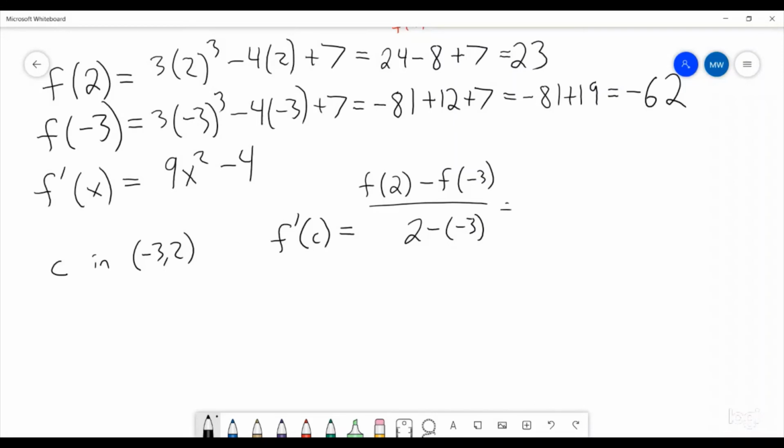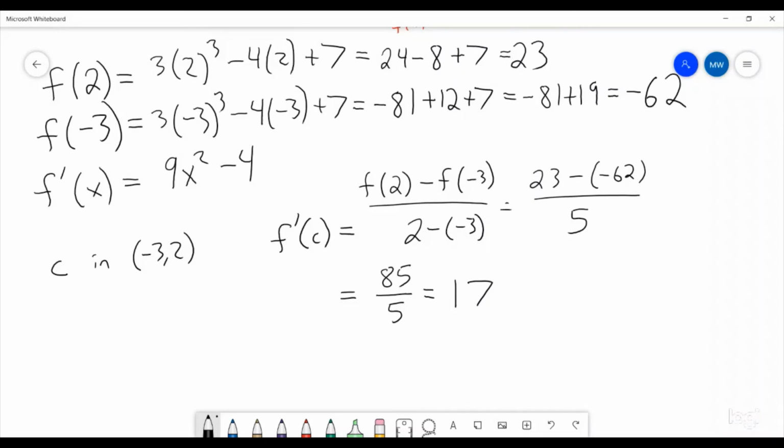That's equal to 23 minus negative 62 all over 5. So we are looking for where f prime of c is equal to 23 plus 62, which is 85, over 5, so f prime of c is equal to 17.